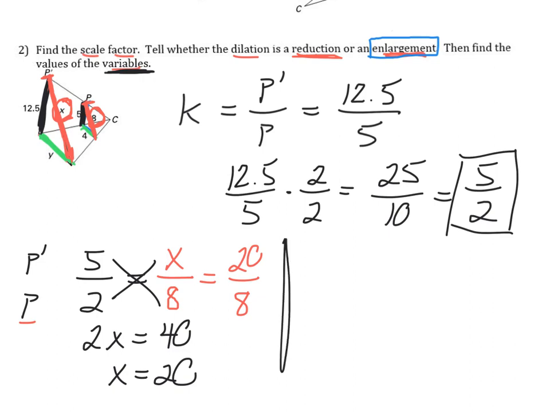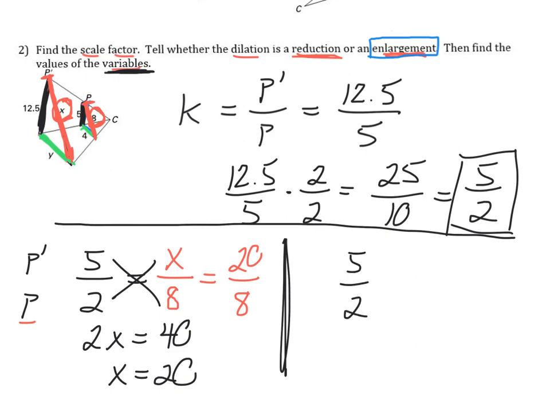Last thing I want to do is solve for y. So I'm going to stick with the same ratio, same scale factor, 5 over 2. Remember, this is your P prime, and this is coming from your pre-image P. To complete this proportion, I'm going to focus on my last two sides, y and 4.